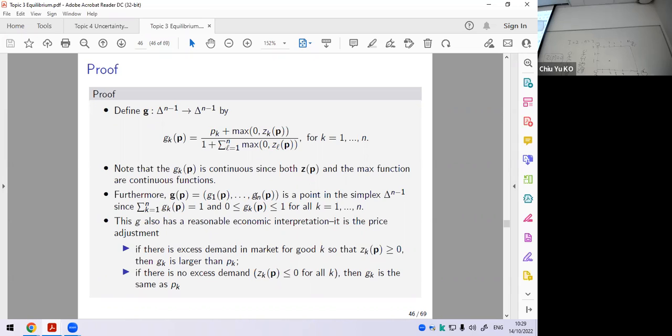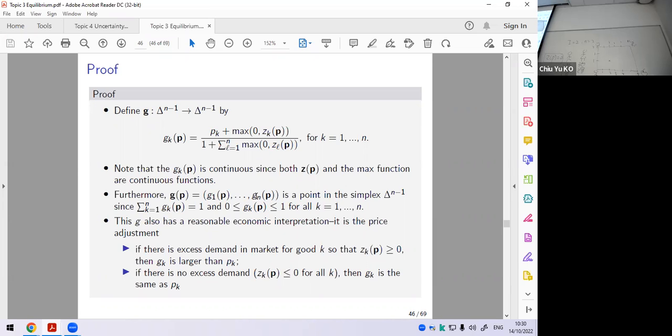And suppose excess demand should be negative, but it is blocked by some 0, so that's why it's all 0. Then you just go back to the original, because this is independent. You only look at this guy, the same for every single thing. So look at the price.